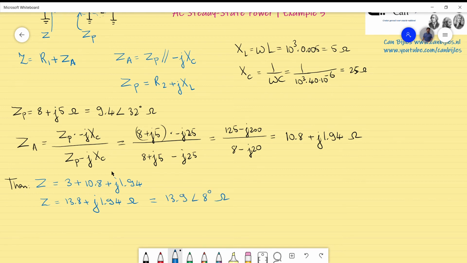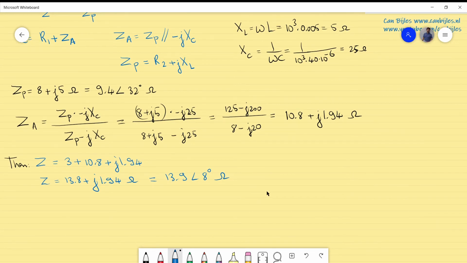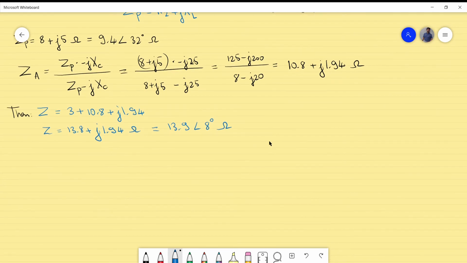Now, if I write down or sketch the impedance diagram for this, what do I have? Let's do that. Because the phase is positive, we will use the positive part of this diagram. So we will have the imaginary and the real axis. I have a vector with a real part of 13.8, and for the imaginary part I will have 1.94.